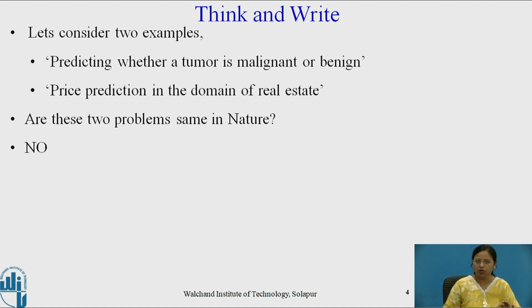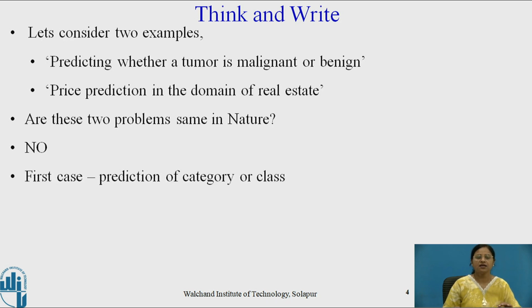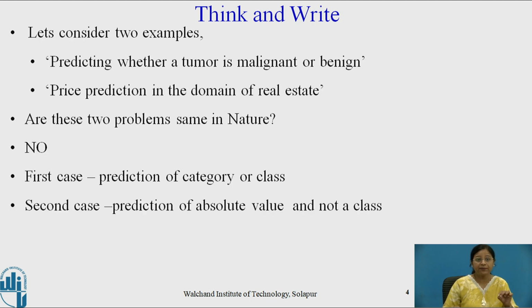No, these two problems are not the same in nature, because in the first case there is a prediction of a category or class. That is, here we are predicting whether a tumor is malignant or benign, while in the second case there is a prediction of an absolute value and it is not a class. We are predicting the price of the house or the real estate.